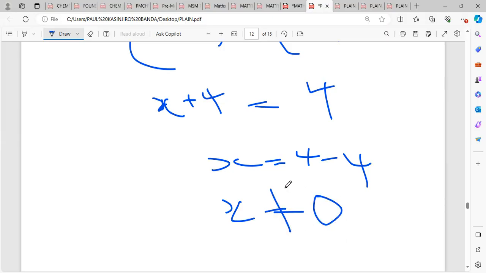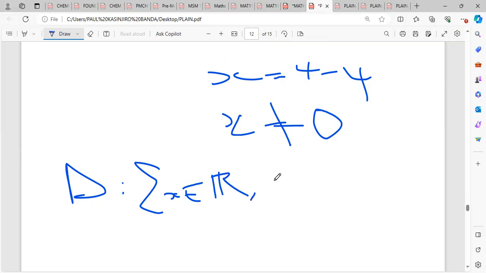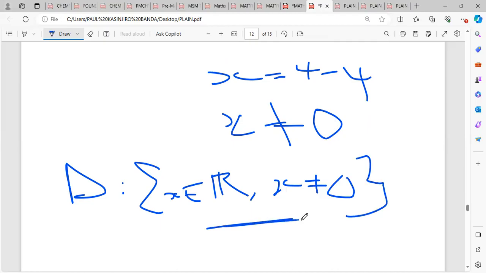So for the domain of the composite function, you state that x is a real number, but x should never be equal to 0. So this here is the domain of the composite function.